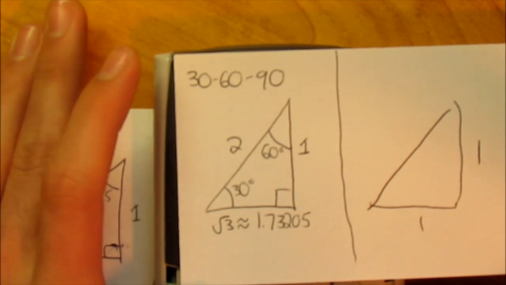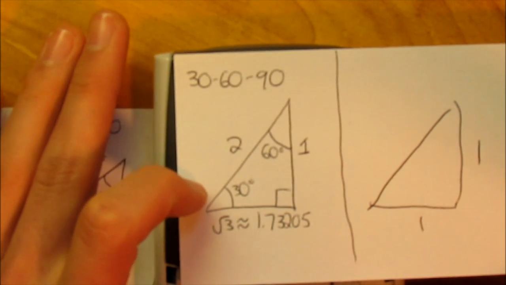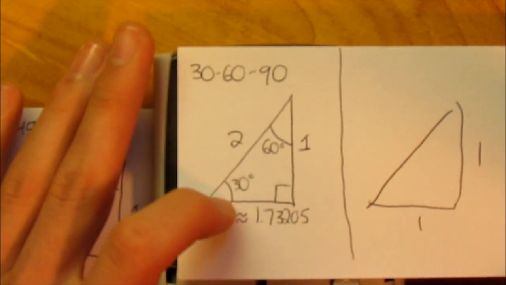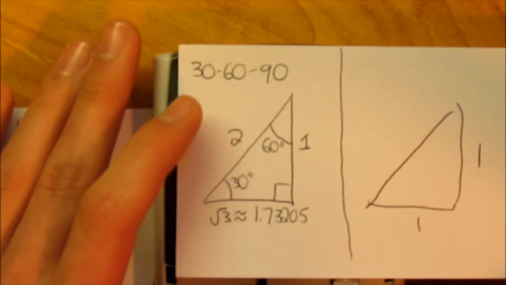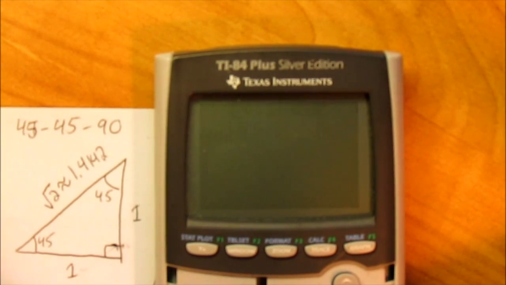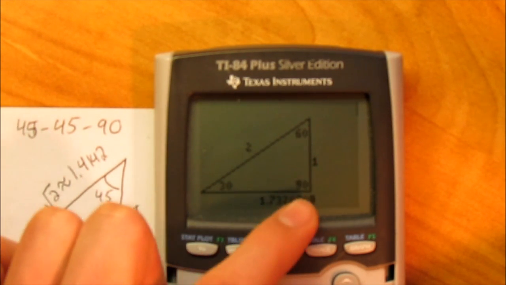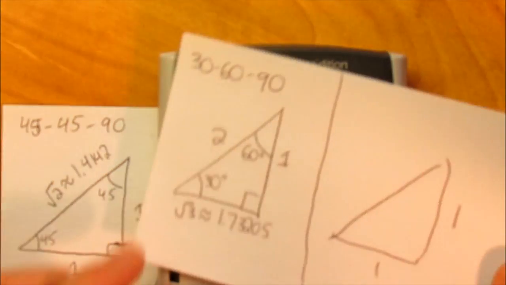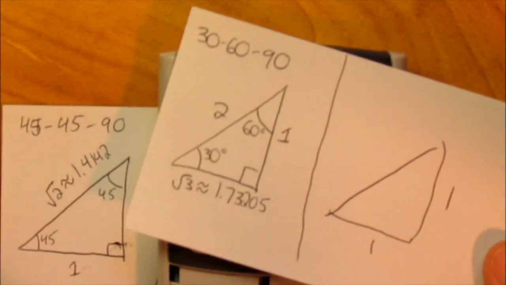But I think it's pretty simple. So we know that the angle is 30 and the leg is the square root of 3, and we know that it's adjacent to the angle. So we're going to answer the leg is adjacent. And as you can see, it figured it out. 30, 60, 90. Got square root of 3 down there. 1 and 2. And it looks exactly like the one in our example.